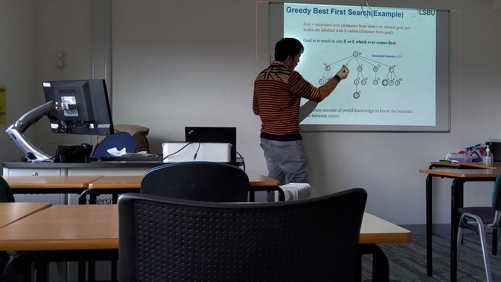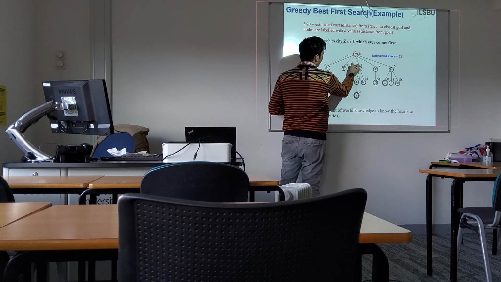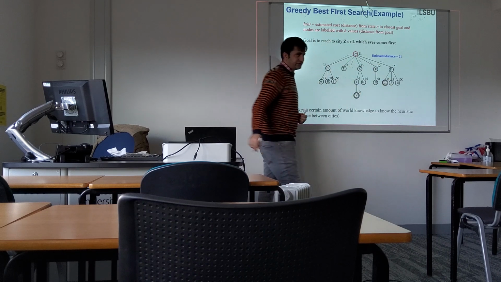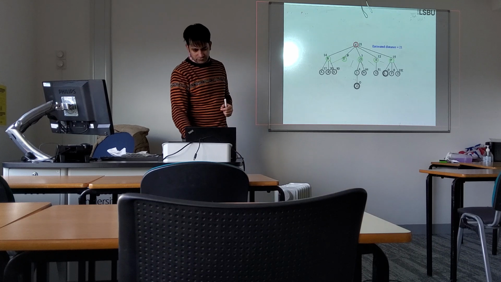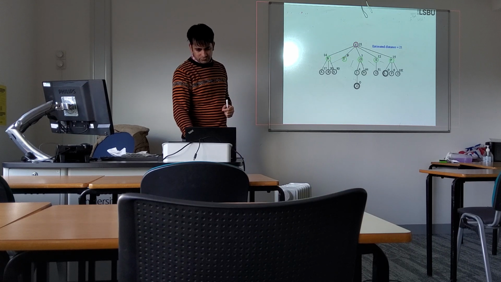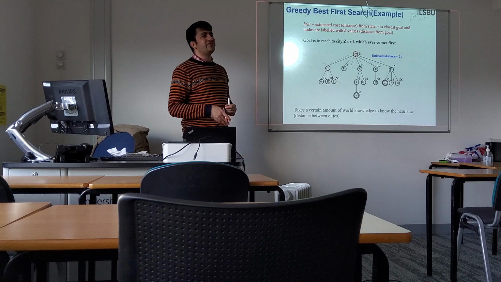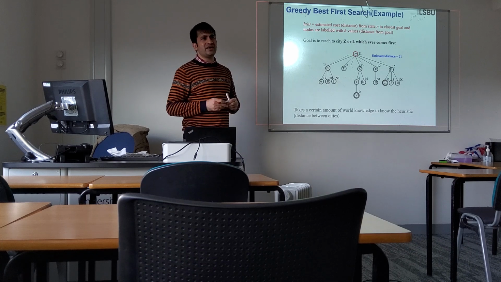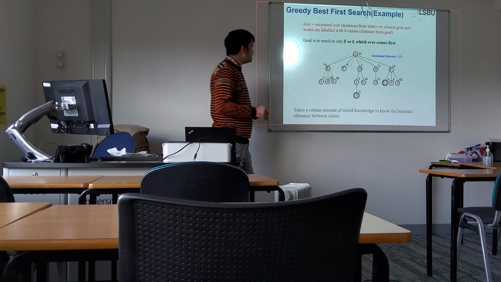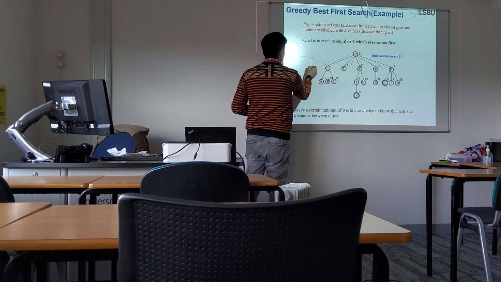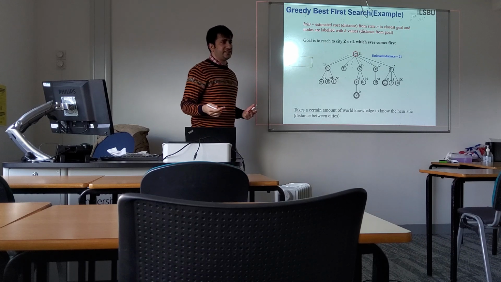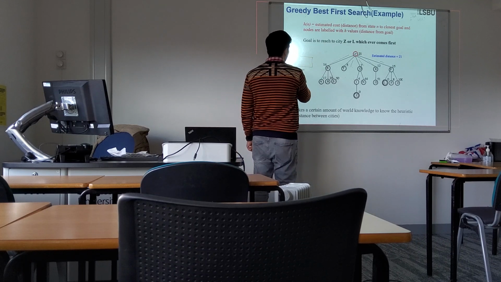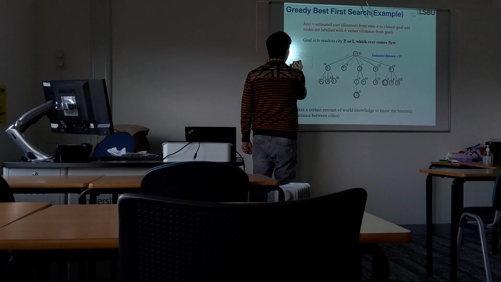But if we look further, you can see that we have various options. Same as we have done in the previous cases, in case of uniform cost search, we draw a frontier and we try to put everything. So here I can put all of these in terms of heuristic.